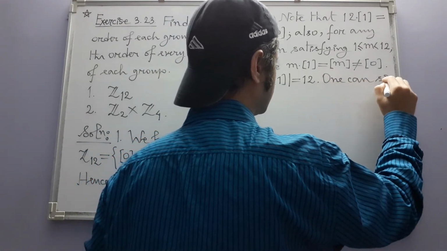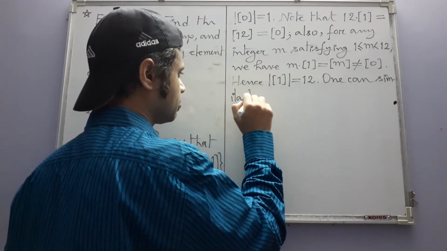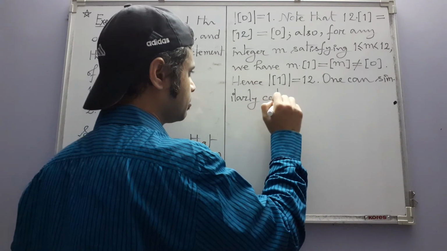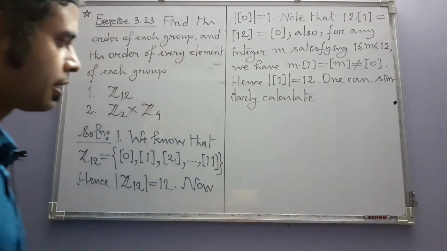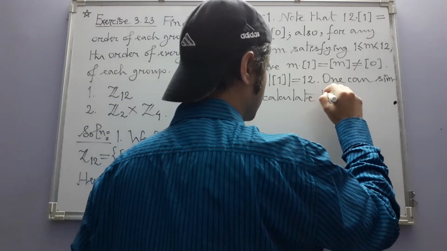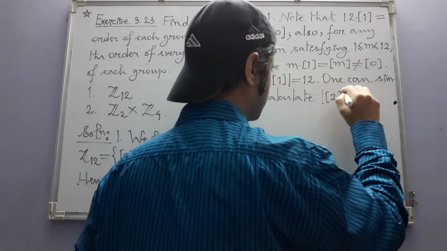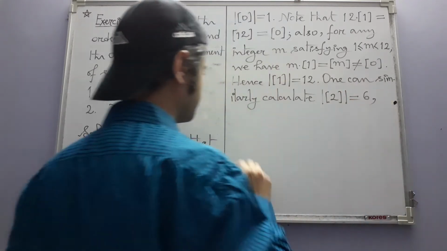One can similarly calculate these other orders. The order of the congruence class 2 is 6.